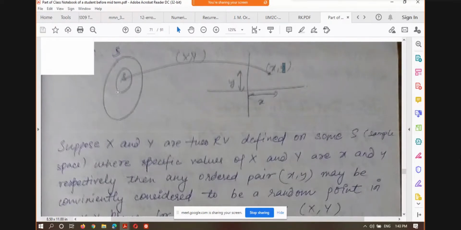So now we are mapping this sample space with the help of two random variables.